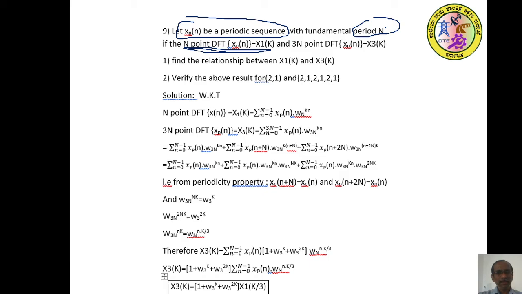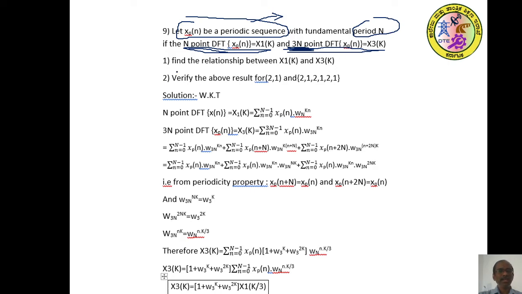When I calculate the N point DFT, 4 point DFT for this, I get an answer x1 of k. That is one part. Second, instead of taking one cycle, you take 3 cycles. So the 3N point DFT is denoted by x3 of k. Since our sequence is periodic, if you take one period and compute the DFT, it is called x1 of k. You take 3 periods and take the DFT, it is called x3 of k.